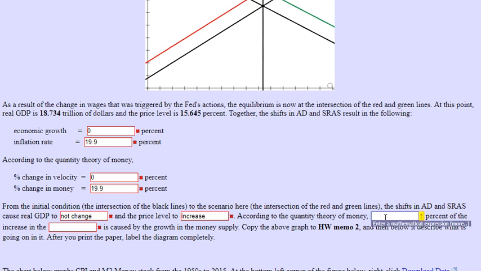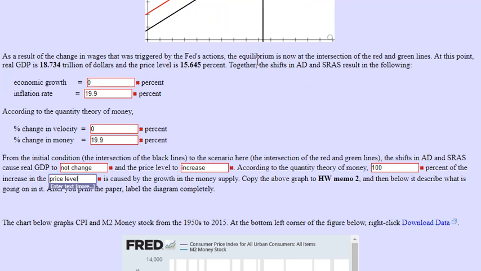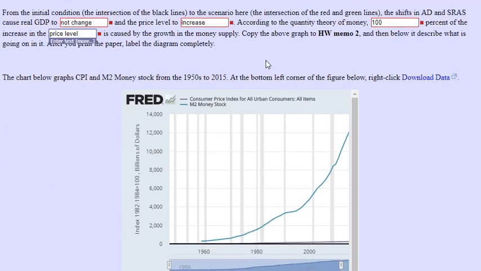According to the quantity theory of money, 100% of the increase in the price level is caused by the growth in the money supply. And then for your homework, you'll have to, of course, screenshot the above diagrams, type answers to any open-ended question here, like right down here. And you'll have to do this problem down here in your homework.